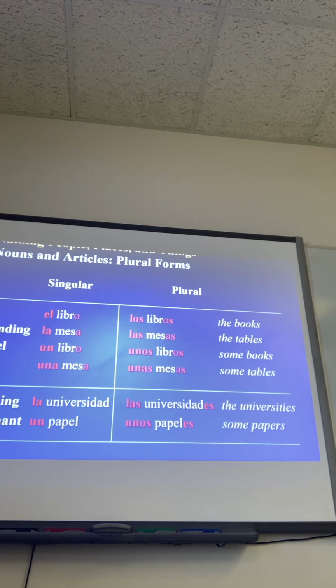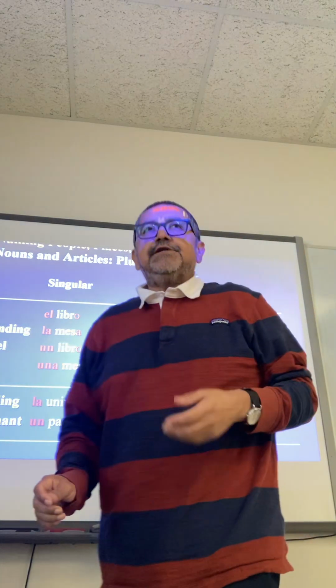For whatever reason, in Español, we will take that Z and change it to a C. And because the letter C is a consonant, what do we add at the end to make it plural? Yes. Es. Same thing with luz. If I can spell it correctly, lo siento. Las luces.